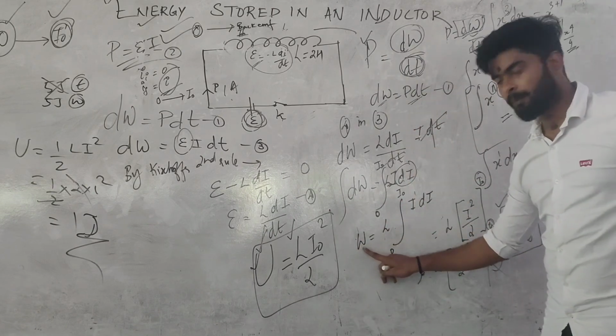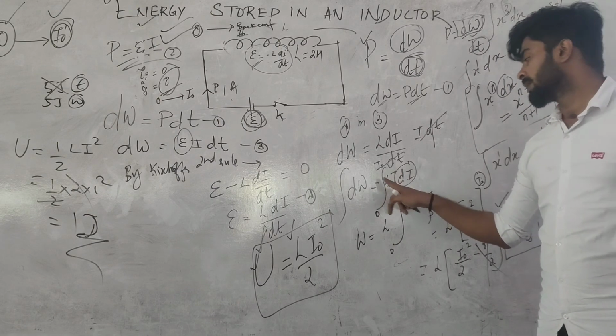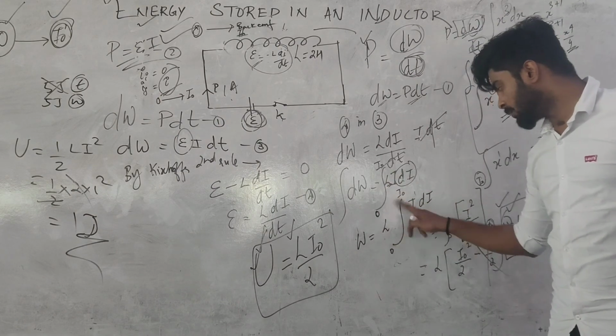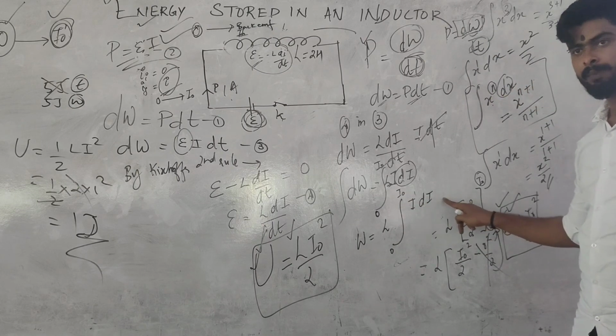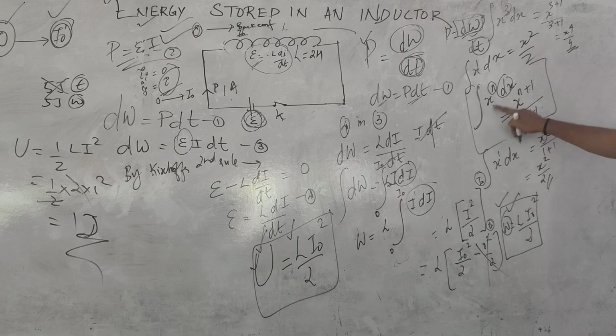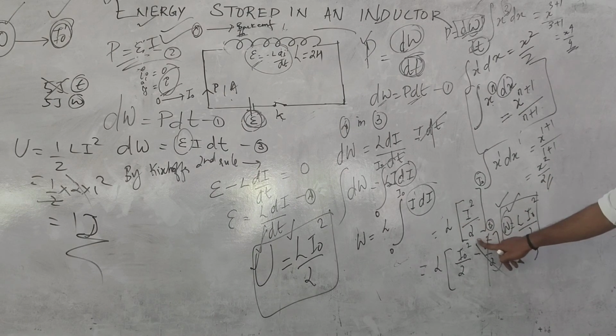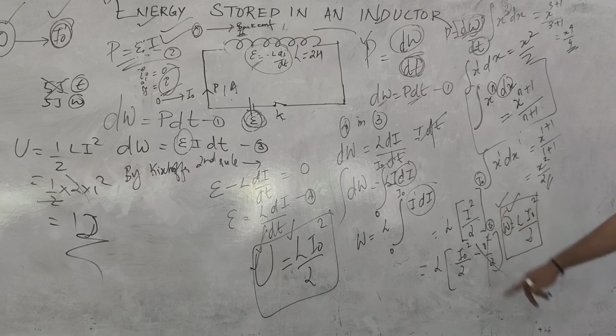So W is equal to L, which is a constant self-inductance. Taking L outside the integral, you get L into integral 0 to I0 of I dI. What is the integral of I dI? I square by 2, because the integral of x raised to n dx is x to the power n plus 1 by n plus 1. Right? So on putting the upper limit and lower limit, we get L I0 square by 2 as the work done by the inductor.